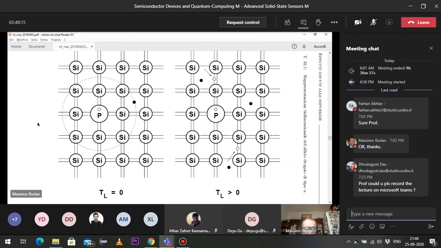Obviously, the phosphorus atom that we are introducing into silicon is a neutral atom. So in the phosphorus, there are as many electrons as protons, okay?